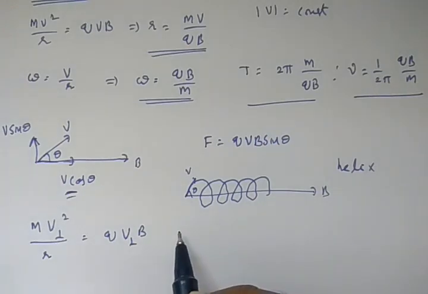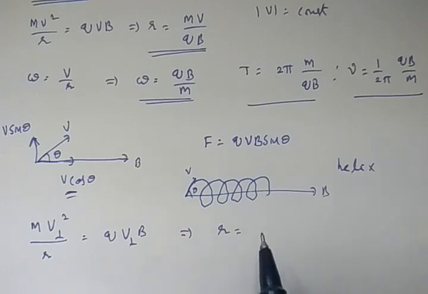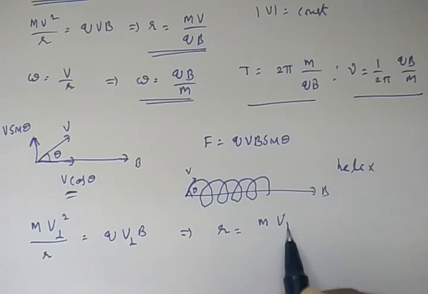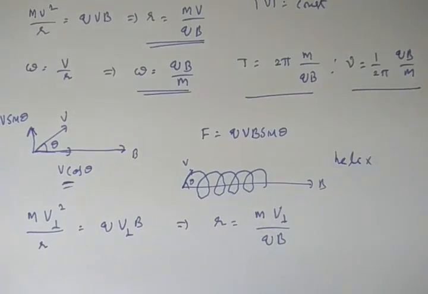So this is the equation. This implies you can write r, the radius of the helix, equals m v perpendicular by q B. And you can also define one more parameter here, that is pitch.